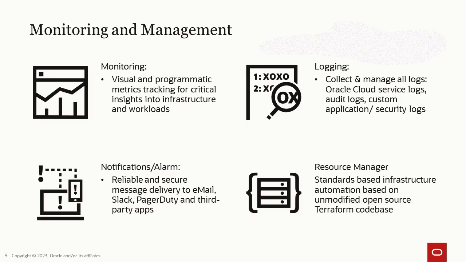Notifications and alarms is an extension on top of logging, because every time an action is done, it's going to generate a log. And when that log is ingested, you might want to say, I want to know about this. Let's say someone is deleting resources, deleting compute resources.